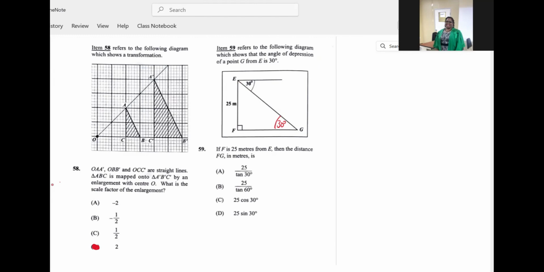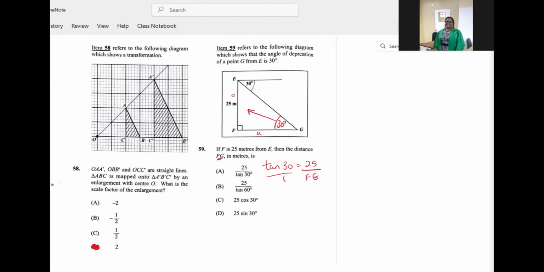So here's also 30, and in terms of what this would be, here is the opposite, and the FG that they want is the adjacent. So that is automatically tan. So tan of 30 is equal to the opposite over FG.